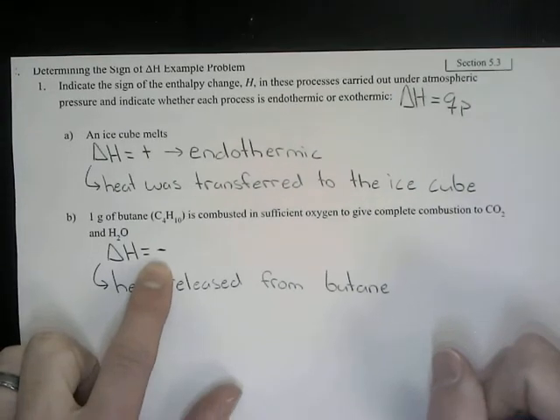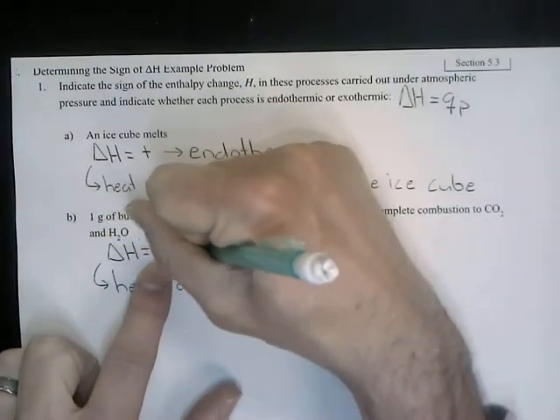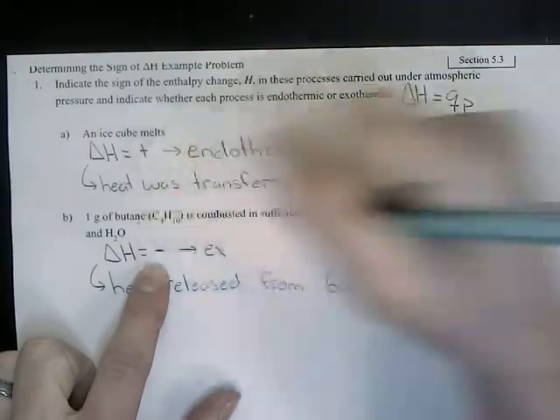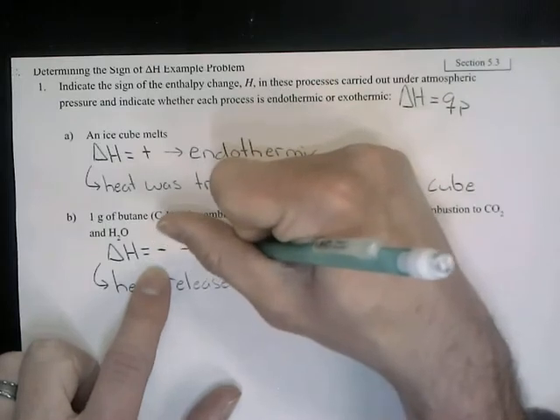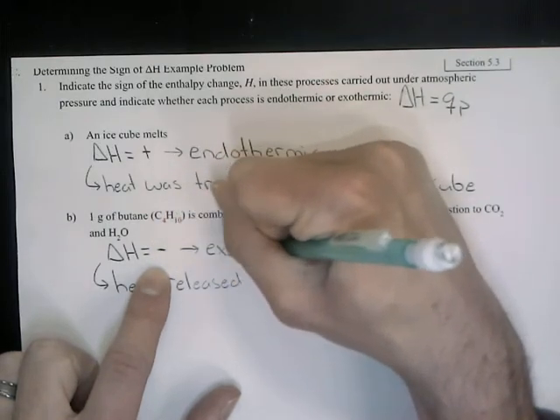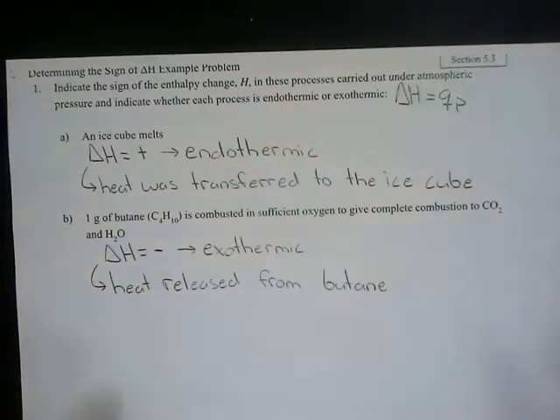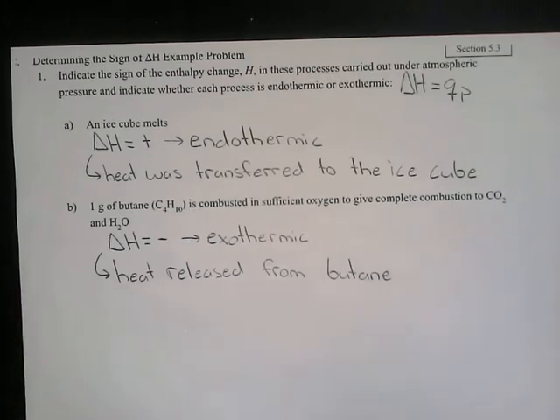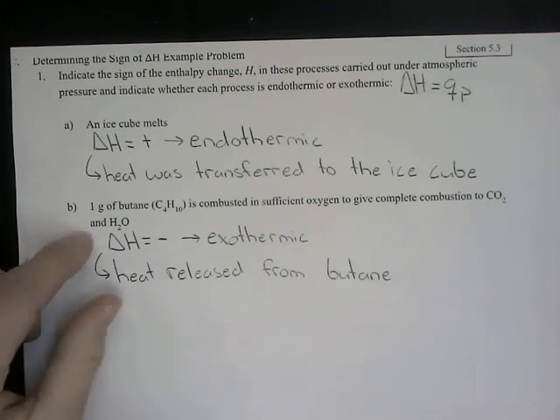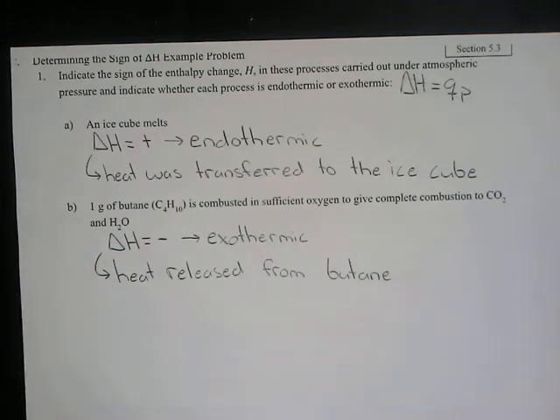A negative delta H means that we had heat flow out of or an exothermic process. So again, those terms we need to start becoming familiar with how endo and exothermic can be related to our heat gain or loss. And obviously, we can correlate now our heat gained or lost to delta H or enthalpy.